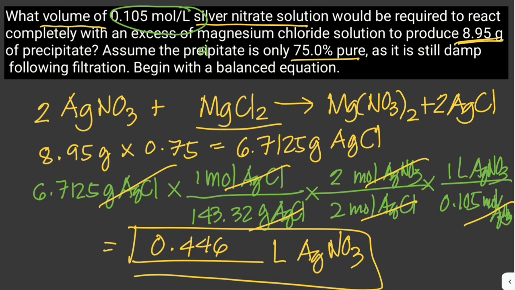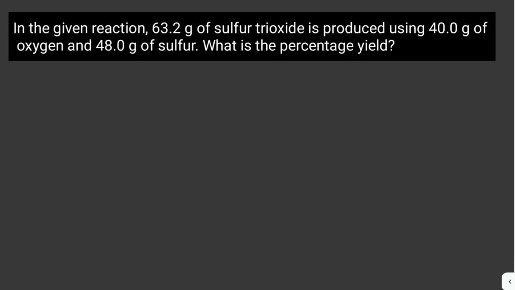Right, let's solve another problem. In the given reaction, 63.2 grams of sulfur trioxide is produced using 40 grams of oxygen and 48 grams of sulfur. What is the percentage yield?